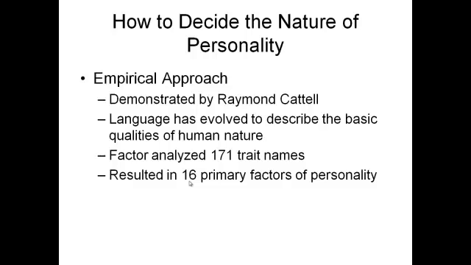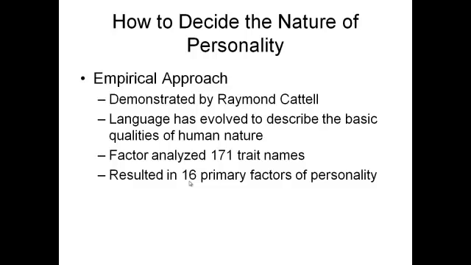Taking an empirical approach. If you remember, we talked about the empirical approach to measurement and assessment. The idea being you're not necessarily starting with any preconceived notions about what personality is like. You're just basically starting out with whatever the language has to provide for you. So he got 171 different trait names, I guess from a dictionary, pretty much.